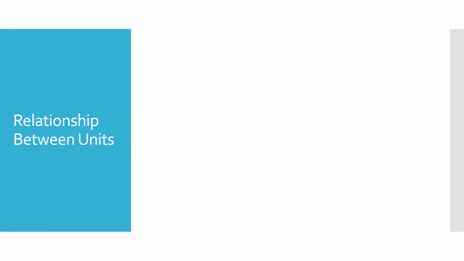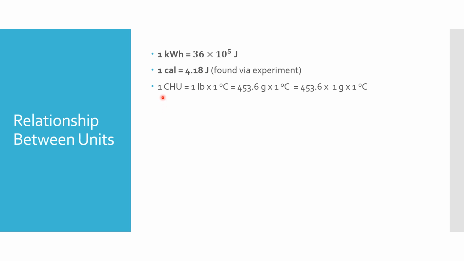Now let us talk about the relationship between different units. As we have already derived, 1 kilowatt hour is equal to 36 into 10 power 5 joules, and we also know from experiments that 1 calorie is equivalent to 4.18 joules of energy. 1 centigrade heat unit is the amount of heat required to raise the temperature of 1 pound of water through 1 degree Celsius. So 1 pound into 1 degree Celsius gives you 453.6 grams into 1 degree Celsius, because in 1 pound there are 453.6 grams.